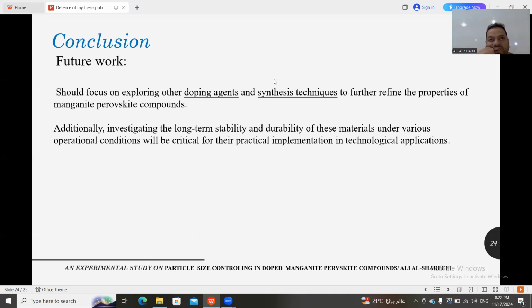And for the doping agent, instead of calcium, maybe I will use barium, synthesize the properties and take a look at which one is better. Additionally, investigating the long-term stability and durability of these materials under various operational conditions will be crucial for their practical implementation in technological applications.